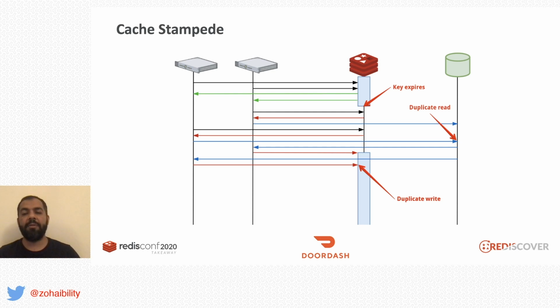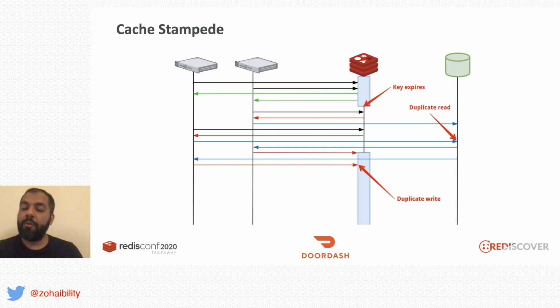Now, since the key expired, all of the servers get back an empty response, or a null, from Redis. That's where you see those red arrows. And these servers, acting as a read-through cache, immediately fall back to the database. So you see those blue arrows heading to the database.